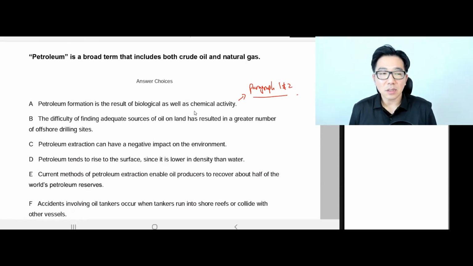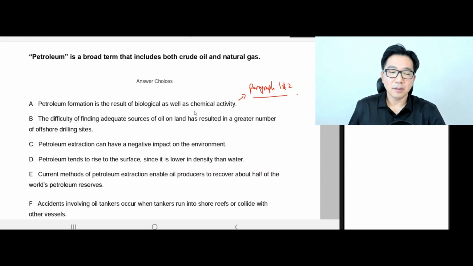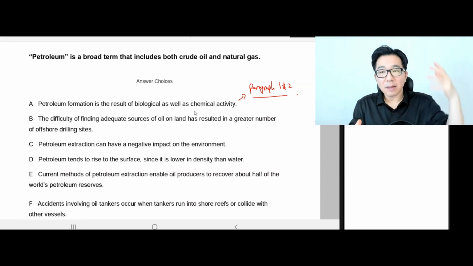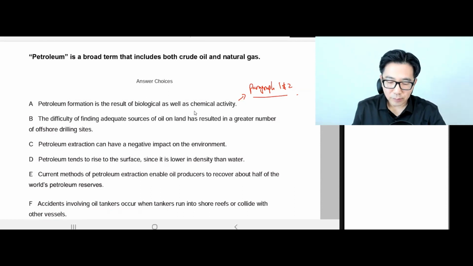It's like living matter being preserved, and after accumulating for millions of years, it becomes oil and gas. But through high pressure and temperature, their components are changed and their original form changes to oil and gas. That's chemical activity, right? Yeah. So paragraph 1 and 2. Okay. A is the right answer.